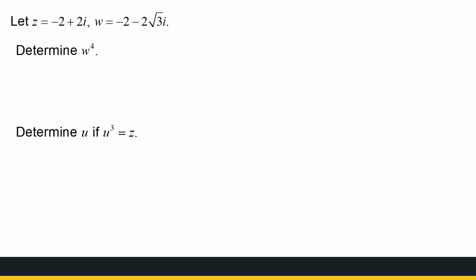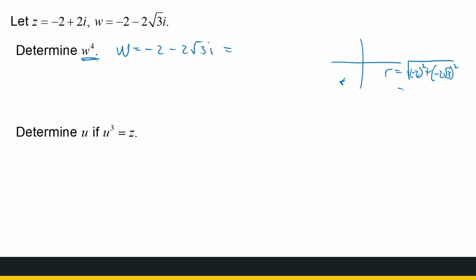W to the power 4. Now I'm given w is equal to minus 2 root 3i. Now we need to change it to polar form first, then raise it to the power using de Moivre's. So polar form, that again is in the third quadrant. I'm favoring that quadrant today. My r value is the square root of minus 2 squared plus minus 2 root 3 squared, which gives you 4 plus 12, which is 16, so that's the root of 16, that is 4.